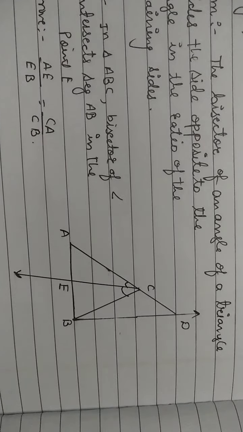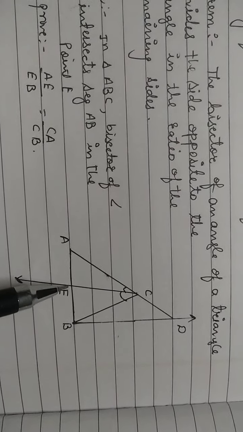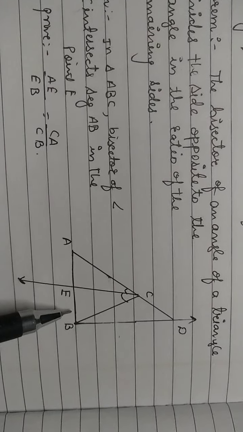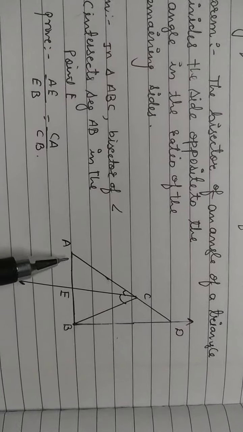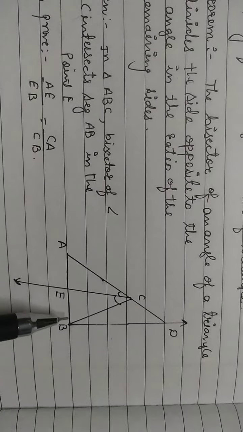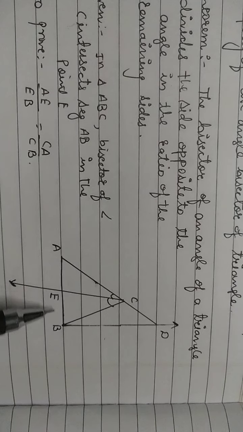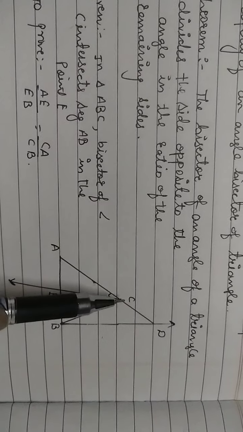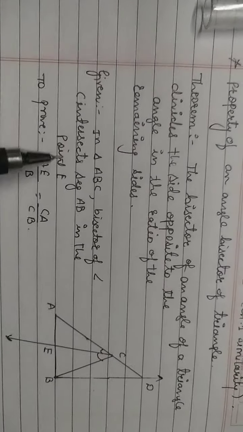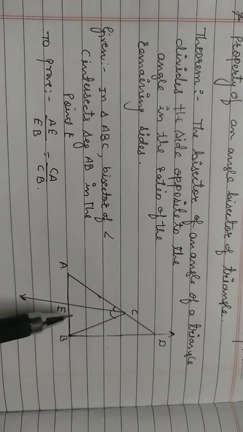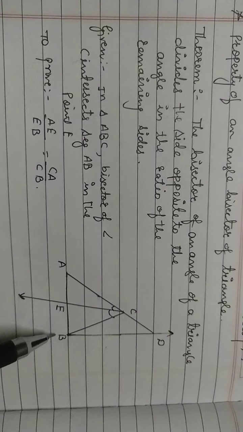After intersecting at point E, AB is divided into two parts, AE and EB. Maybe they are equal or not, it doesn't matter. What you have to prove is that AE upon EB equals AC upon CB.